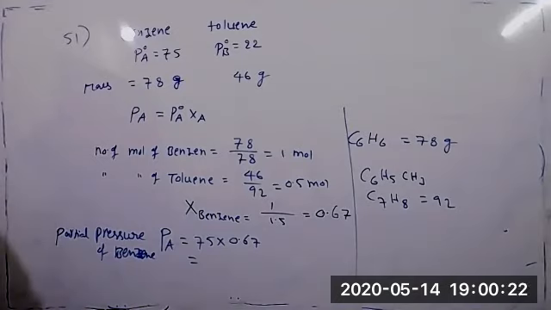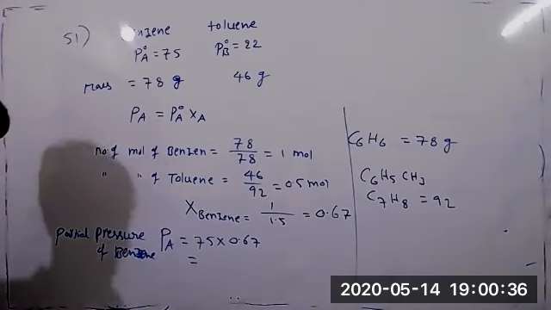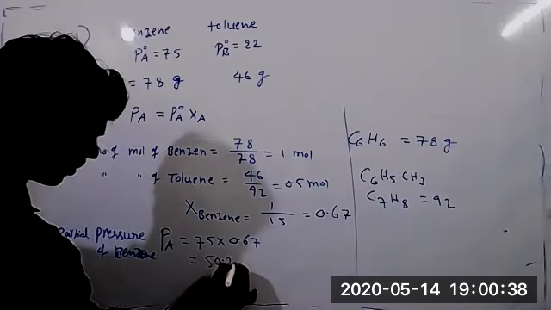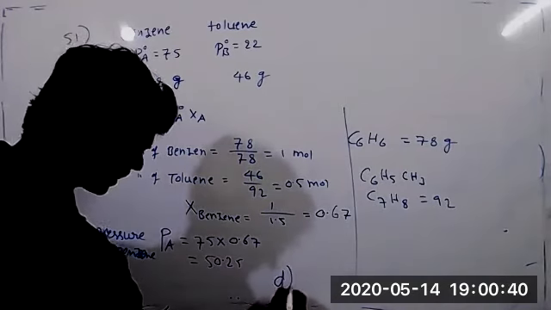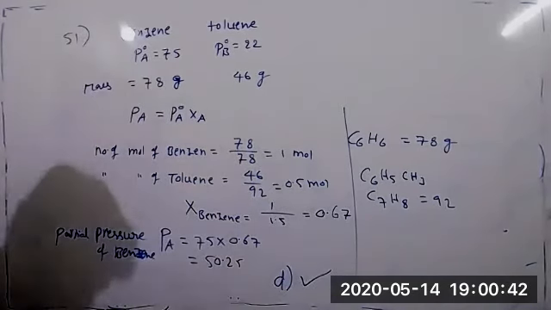It's 50.25. So 50.25, closely, option D is correct. 50.25 means option D is correct, the closer value 50.